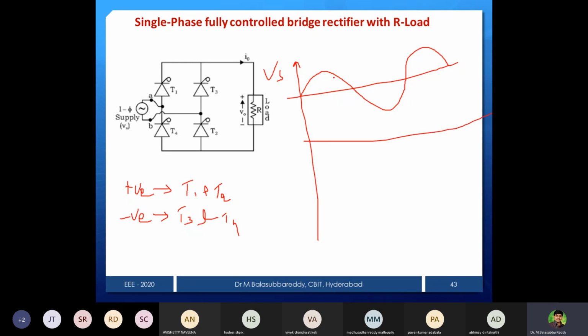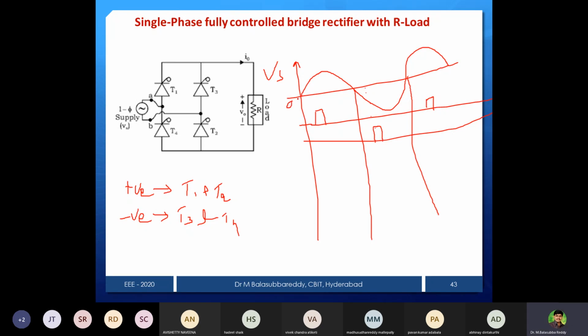You just give the positive pulse. Whenever the positive half cycle is there, you give the pulse for the positive devices, that means T1, and T2 also. You can give the pulse at an angle of alpha. For the negative half cycle, you give a pulse at an angle of pi plus alpha.